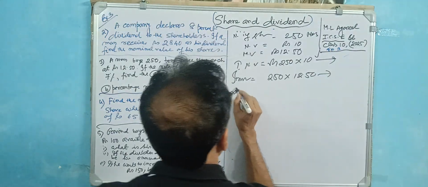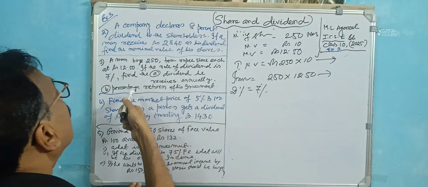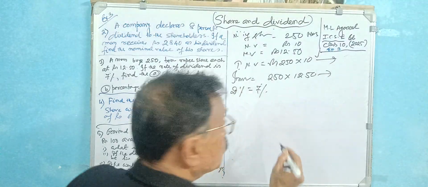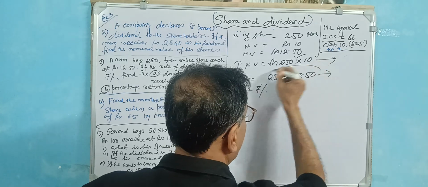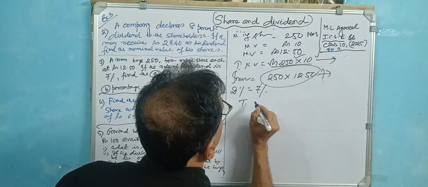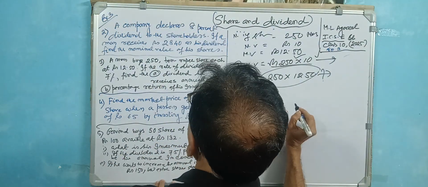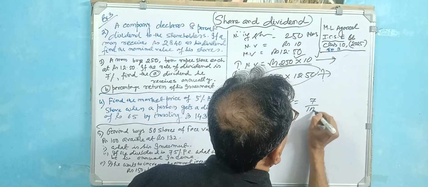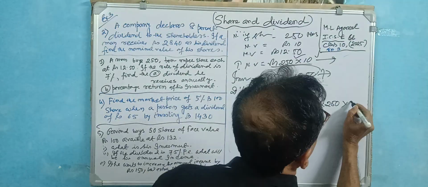Now the dividend percent is 7%. The dividend he receives annually is calculated on the total nominal value, not on the market value. So the total dividend received annually is 7/100 into 250 into 10.